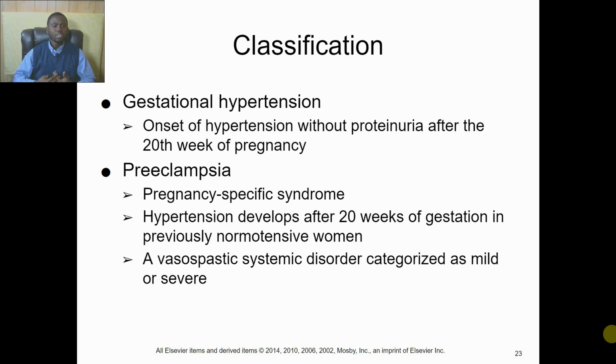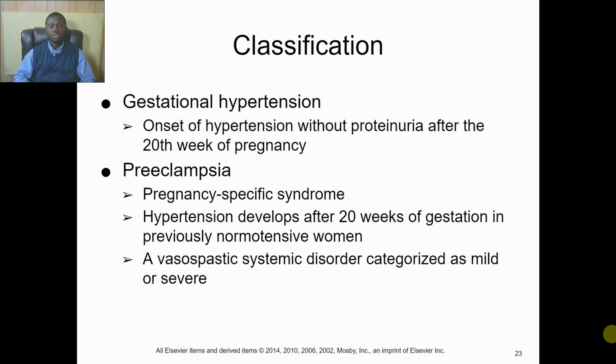Then we have severe preeclampsia, and severe preeclampsia is any gestational hypertension where the blood pressure is greater than or equal to 160/110, and you are going to see about 5 grams of protein in a 24-hour test.